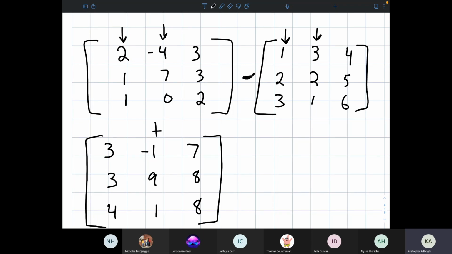All right, let's do a subtraction problem right here. So 2 minus 1 is 1, -4 minus 3 is going to give me -7.